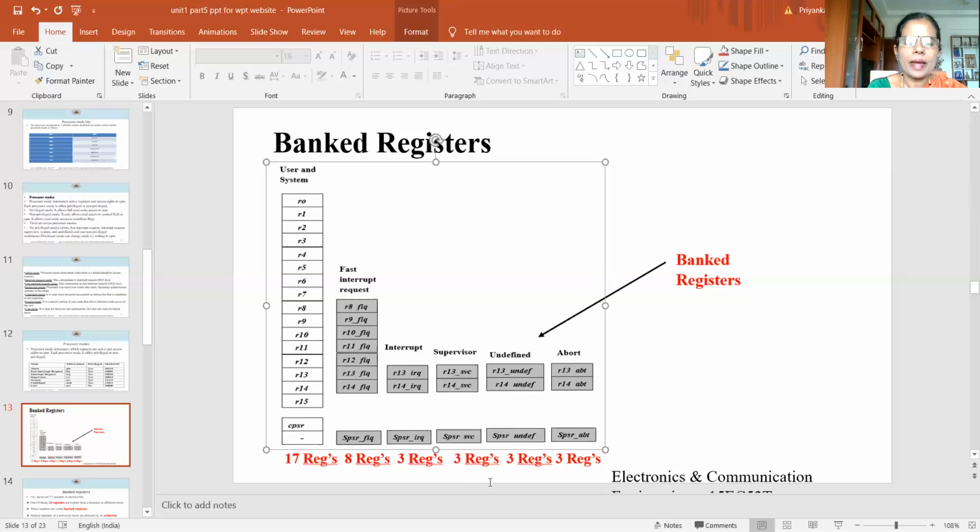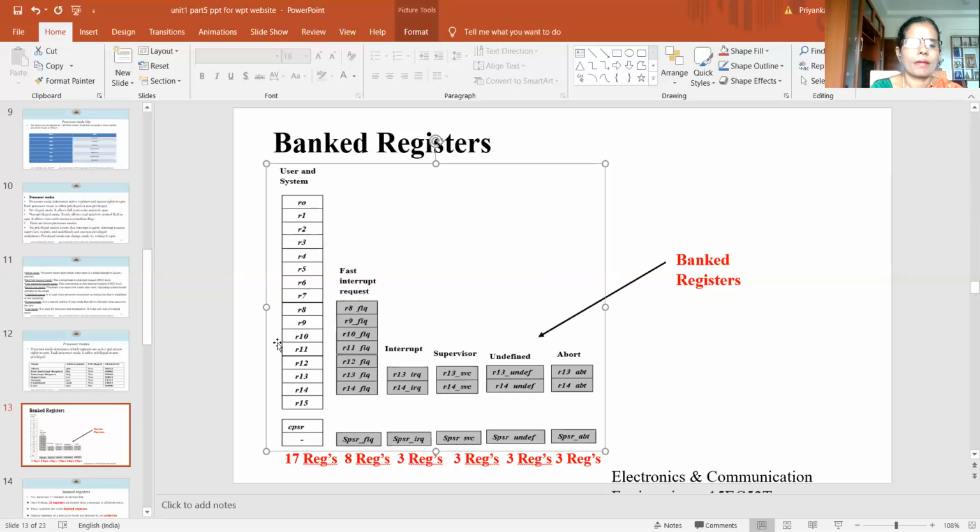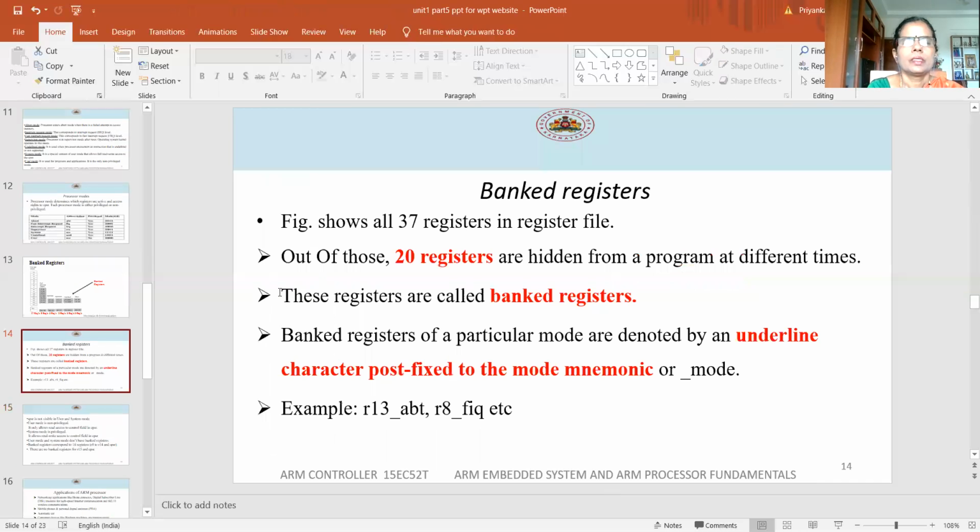So you count the banked registers; the number of banked registers starts from 8 here. 8 plus 3 is 11, 11 plus 3 is 14, 14 plus 3 is 17, 17 plus 3 is 20. Total 20 banked registers and 17 active registers in user mode and system mode. So this figure shows all 37 registers in a register file.